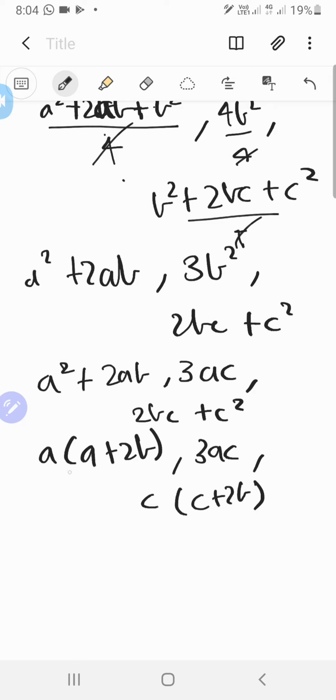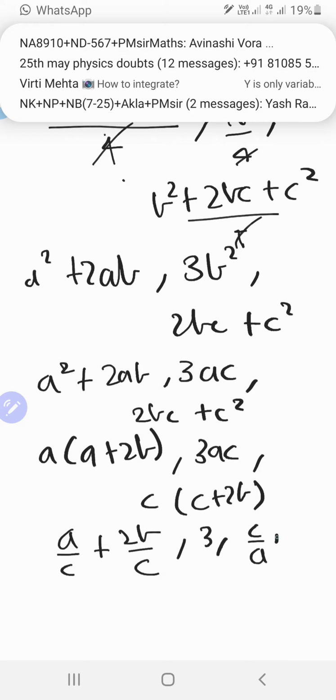Now I'm going to divide these things by AC and it should still be an AP. Yeah, I'll just divide by AC. So that will give me a upon c plus 2b upon c, comma 3, comma, when you divide by AC you get c upon a plus 2b upon c. This should be an AP.